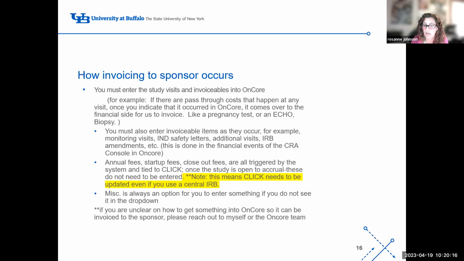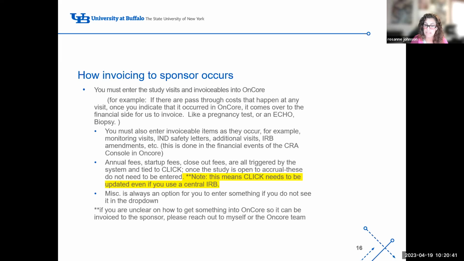Another way to get invoiceables over is when you're not within the study visit, you have to enter under financial events on the CRA console. So as they occur, for example, monitoring visits, IND letters, IRB amendments, stuff like that.